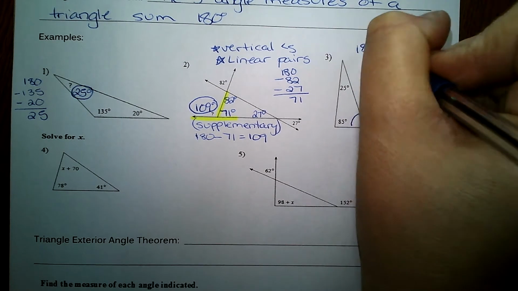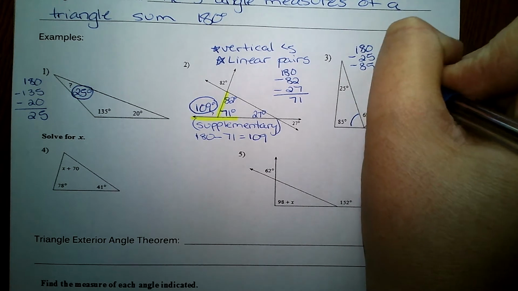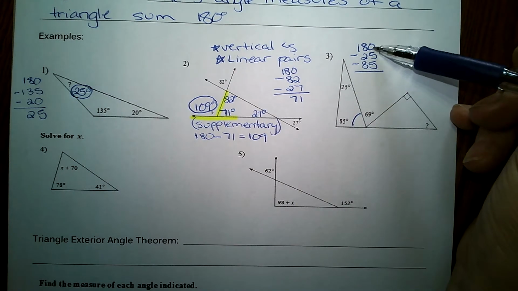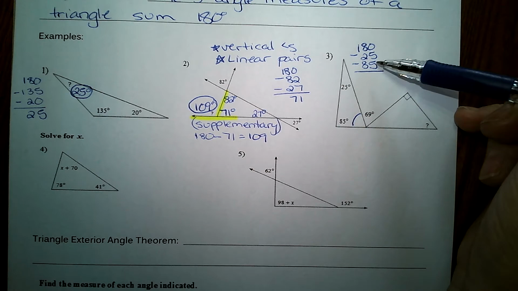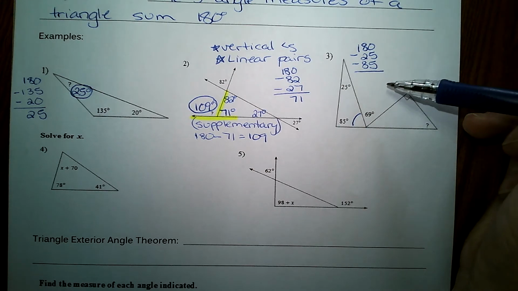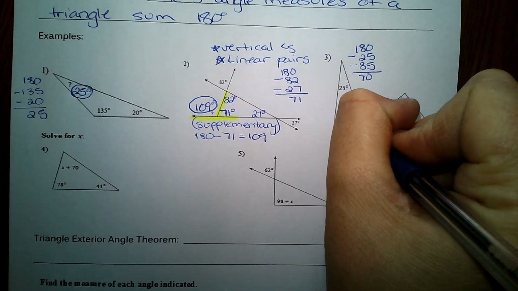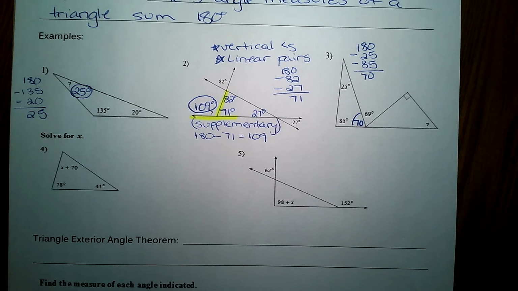So I'll start with the triangle sum theorem that says all angles of a triangle add up to 180 degrees. So 180 degrees, take away the 25, take away the 85, leaves me with 70 degrees for the third angle here.